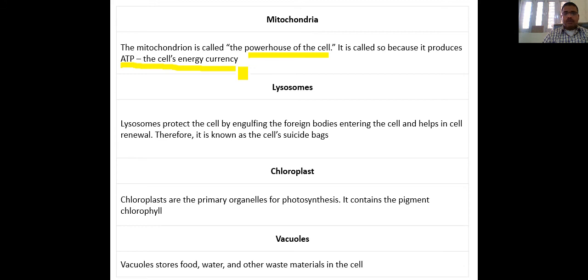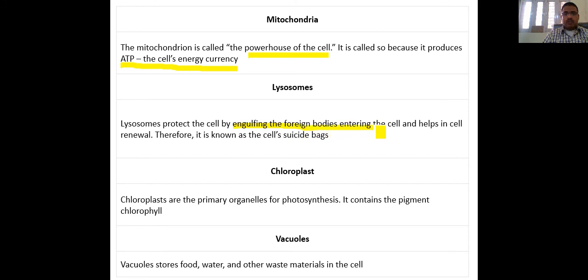Now, after the mitochondria, there is another part, the lysosomes. Lysosomes basically engulf foreign bodies entering the cell and help in cell renewal.